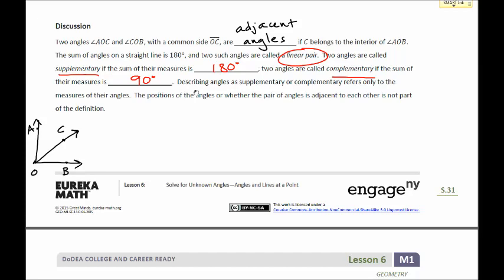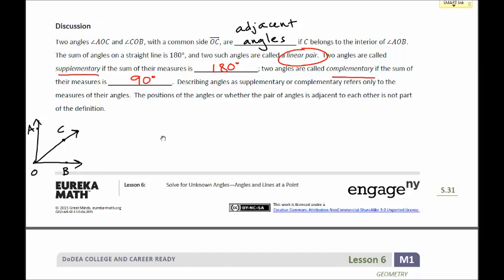Describing angles as supplementary or complementary refers only to the measures of their angles. The positions of the angles, or whether the pair of angles is adjacent to each other, is not part of the definition. So, some important words here are linear pair, supplementary, and complementary.